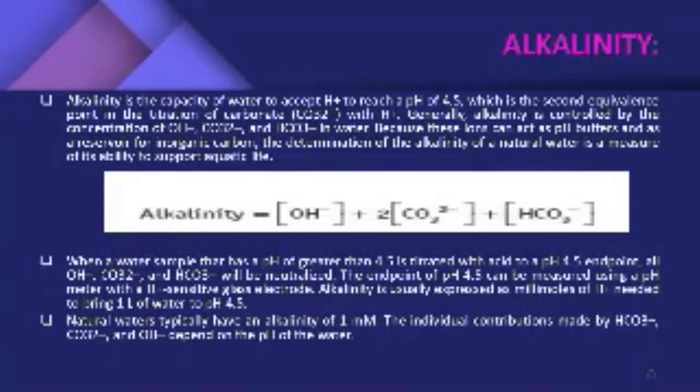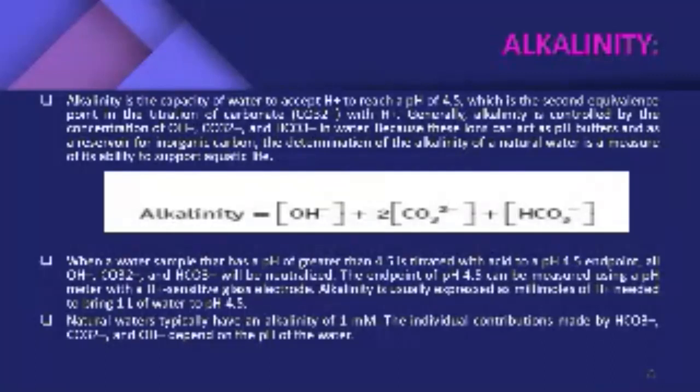Here, alkalinity is controlled by the concentration of hydroxyl ions plus 2 moles of carbonate ions and 1 mole of bicarbonate ions. When a water sample that has a pH of greater than 4.5 is titrated with acid to a pH 4.5 endpoint, all hydroxyl, carbonate, and bicarbonate ions will be neutralized at that point.